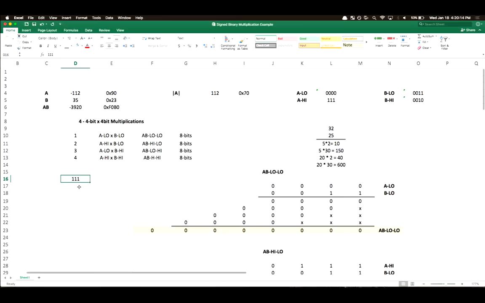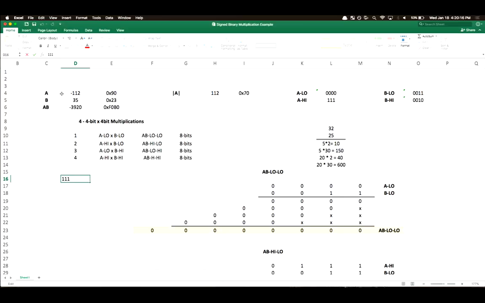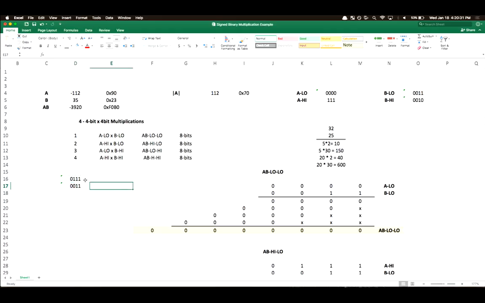So you have 0, 1, 1, 1, and we're multiplying that with B low, which was 0, 0, 1, 1. So this is a high order part. If we look at 0x70, this is not really the value of 7. It's 7 shifted over by 4. That's what it really is. Do you guys understand that part?